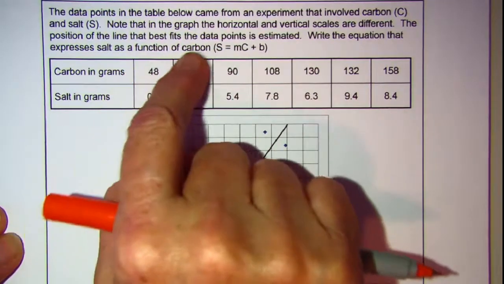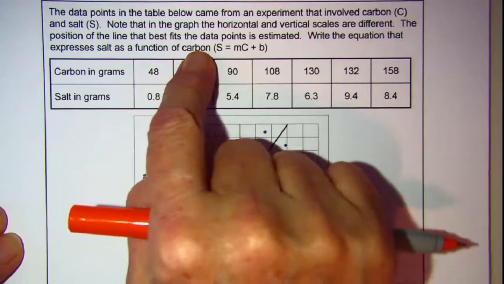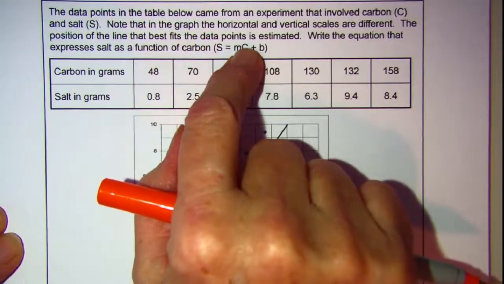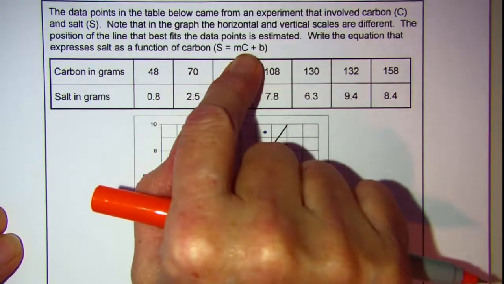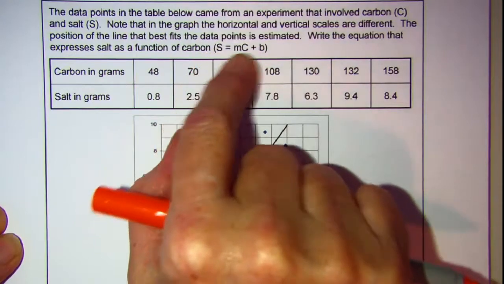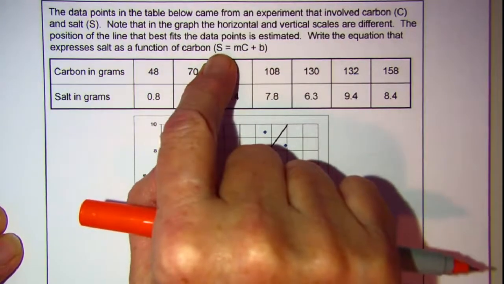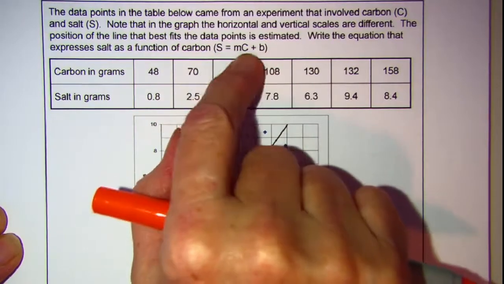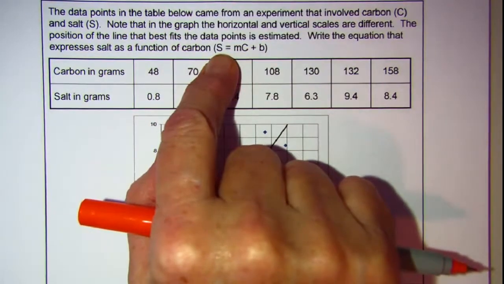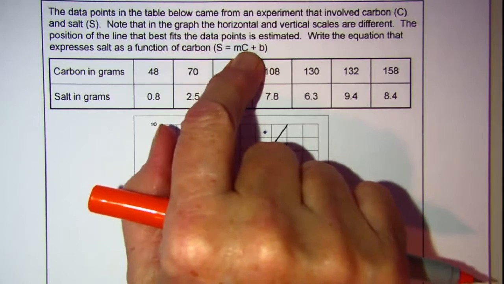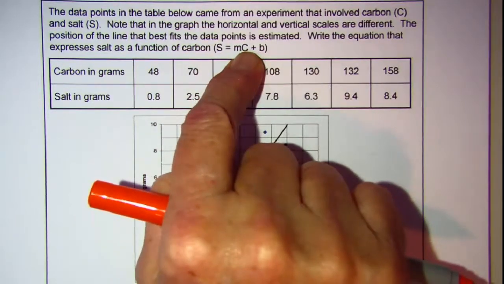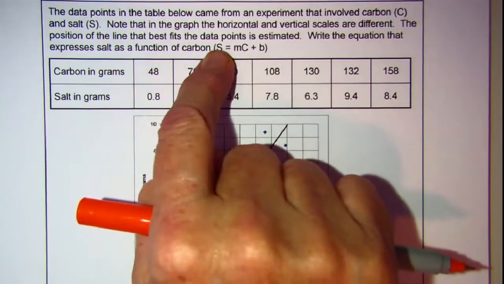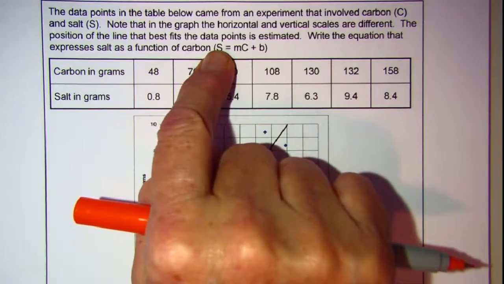And then carbon is our independent variable, so it's written where we normally would see x. So this equation right here is our y equals mx plus b. But we're using different variables instead of x and y. We're using c for the independent variable x, and we're using s for the dependent variable y.